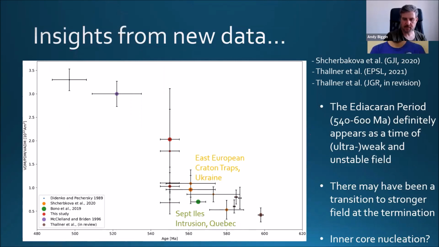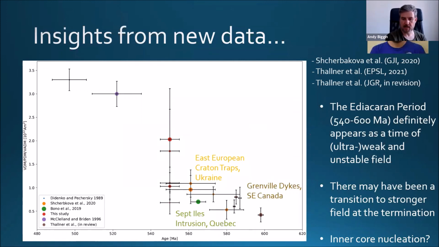Since then, and this is largely the PhD of Dan Thallner, who has been contributing to this with collaborators in Russia and Ukraine, we published these paleointensities from the East European craton traps, and these overlapped in age with Sept-Îles and confirmed that indeed the field was extremely weak around this time.